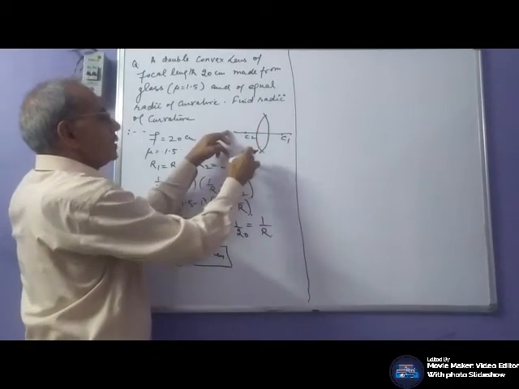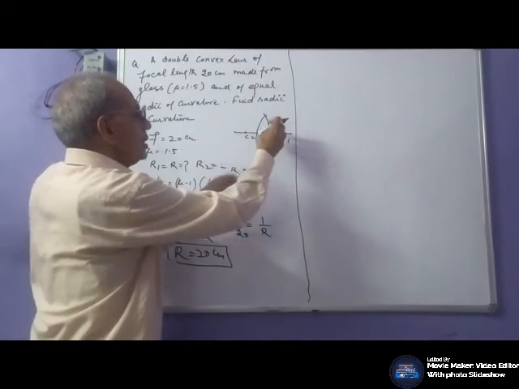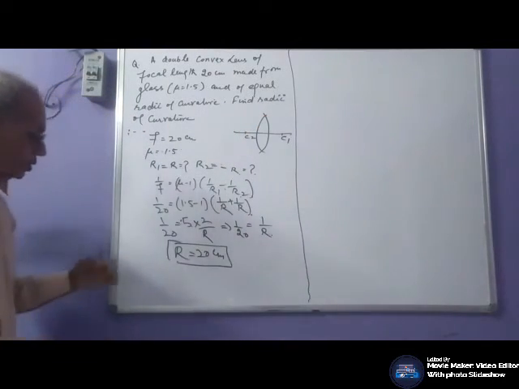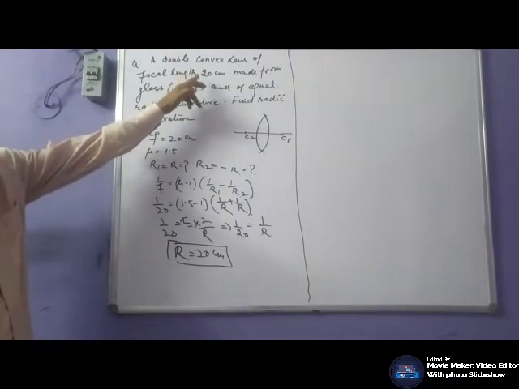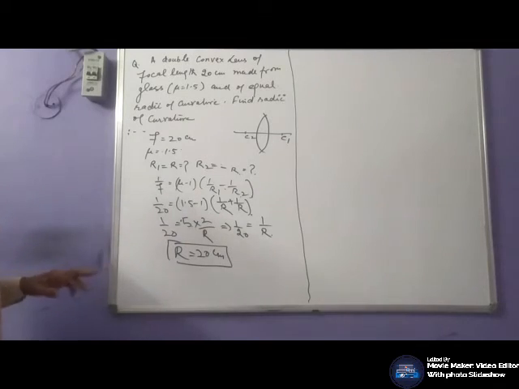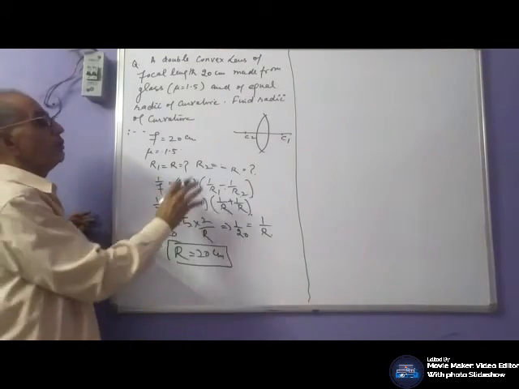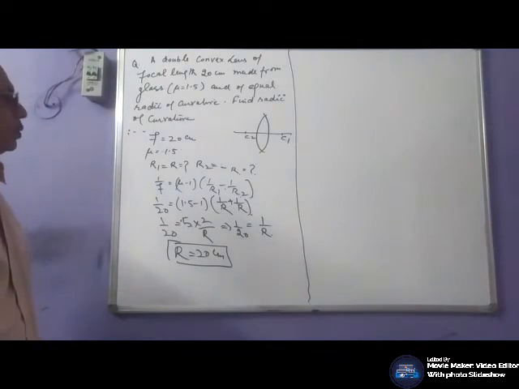Place the cutter here, cut the glass, place the cutter there, cut the glass, take it out. This will be what? A convex lens of focal length 20 centimeter. So by using this formula we make lenses, so called lens maker formula.